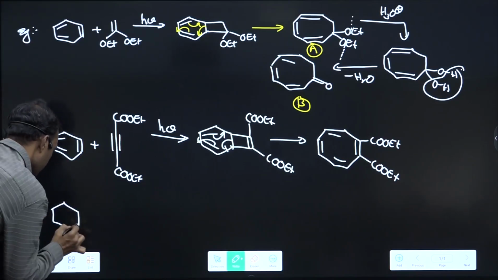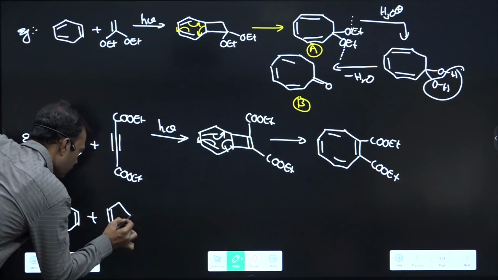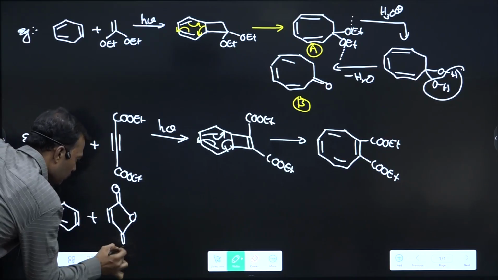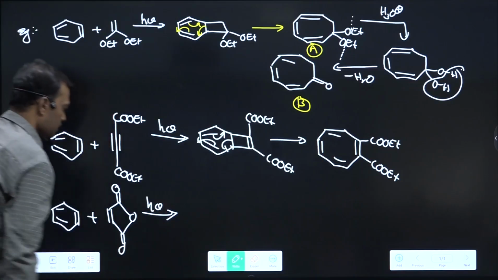It is important for pericyclic even. A double bond, photochemical, give the answer. Same.